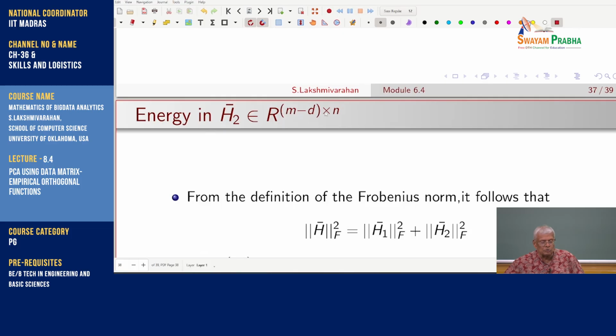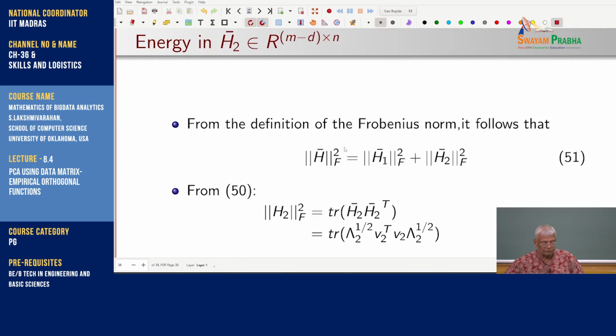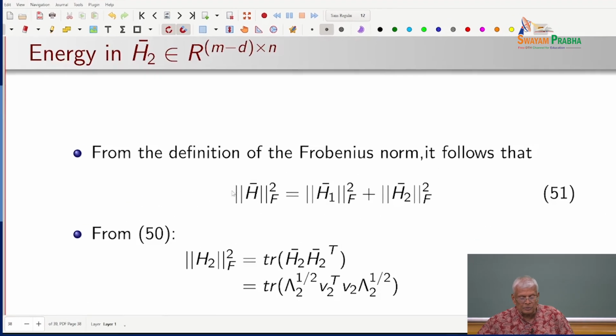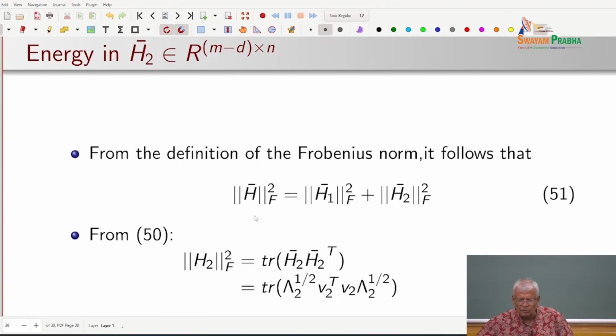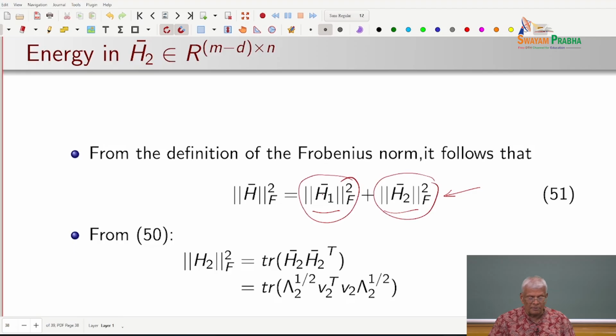The energy in H2 bar is (M minus D) by N. So, by definition, the square of the Frobenius norm of H bar is the sum of the Frobenius norms of H1 bar and H2 bar. I want you to be able to verify this, the sum of the two. So, this is the part we are going to keep, this is the part we are going to drop.